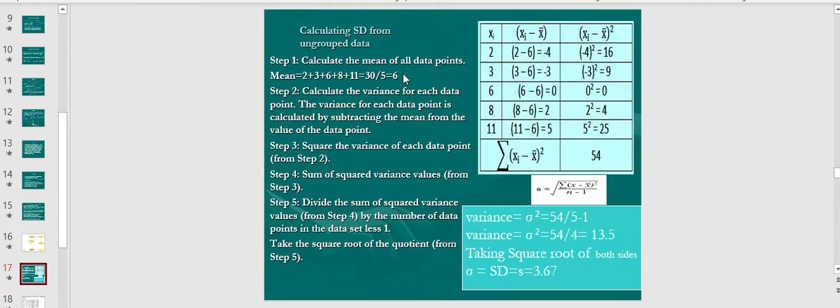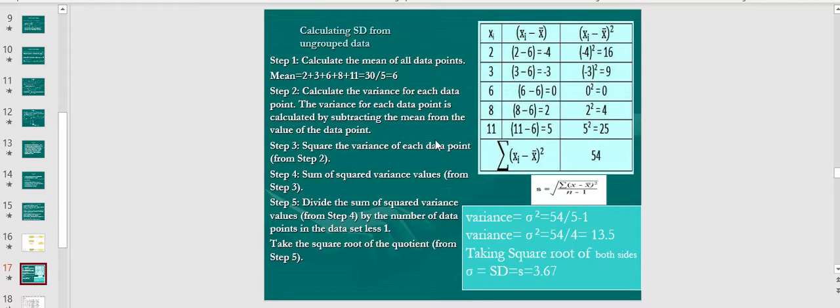The mean is 6, and this data point is 2. 2 minus 6 is equal to minus 4. 3 minus 6 is equal to minus 3. 6 minus 6 is equal to 0. 8 minus 6 is equal to 2, and 11 minus 6 is equal to 5.